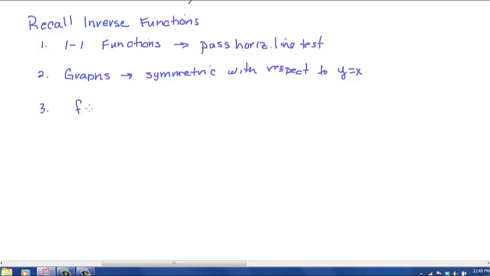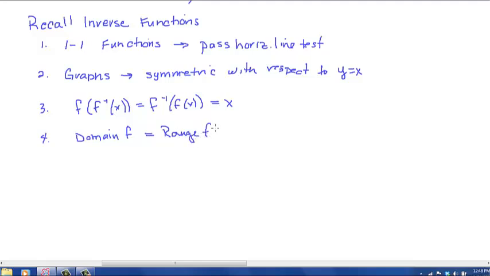We know that when we compose a function with its inverse, either way, the composition is equal to x. And we know that the domain of f is equal to the range of f inverse, and the range of f is equal to the domain of f inverse.